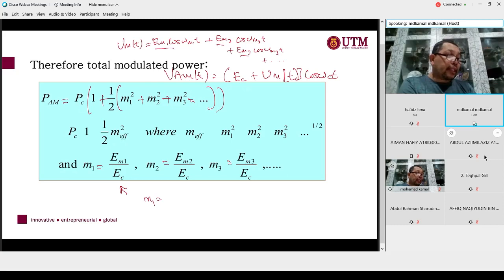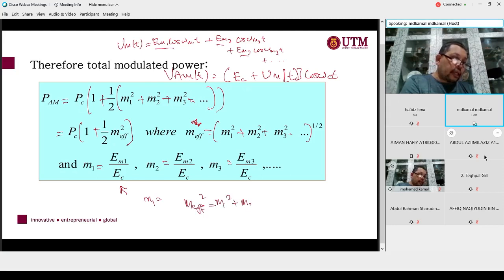That is equal to PC times 1 plus M effective squared over 2, where M effective squared is equal to M1 squared plus M2 squared plus M3 squared and so on.